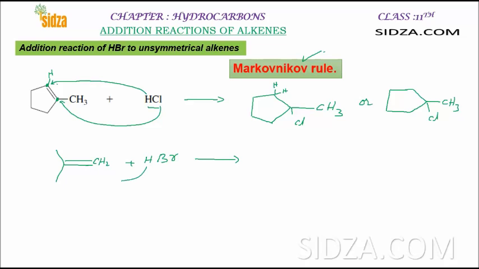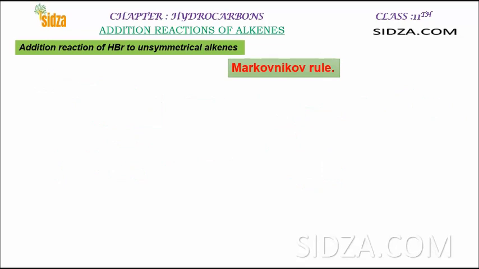So the hydrogen will go to this carbon, and the bromine will go to this carbon. When the double bond breaks, the bromine will be over here, and the CH2 will now be CH3, correct? This is called the Markovnikov product, because this is the product that we got as per Markovnikov's rule.